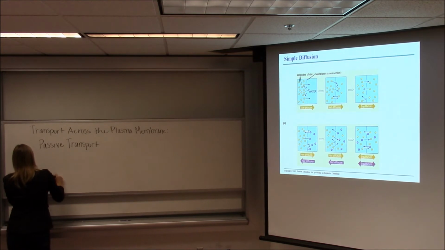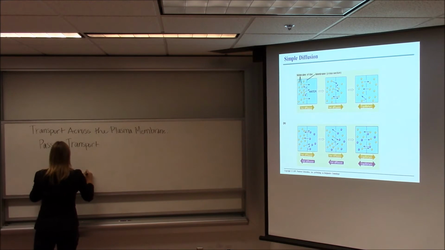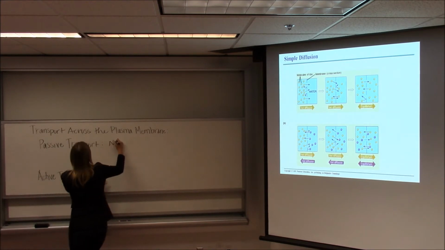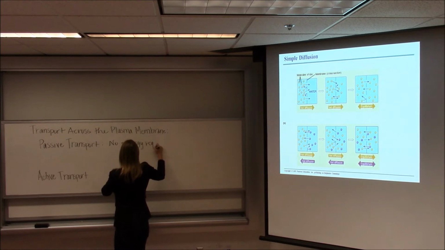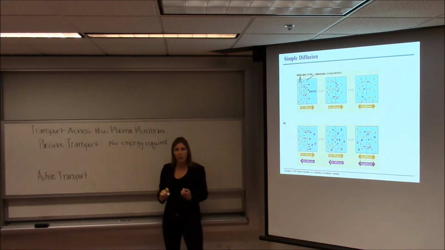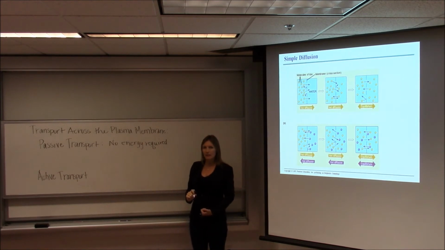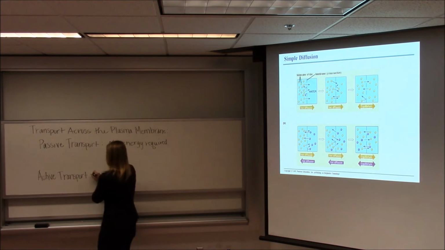But not really passive. It doesn't mean nothing's happening. What it means is no energy required. So passive transport does not require ATP. Active transport, on the other hand, does.